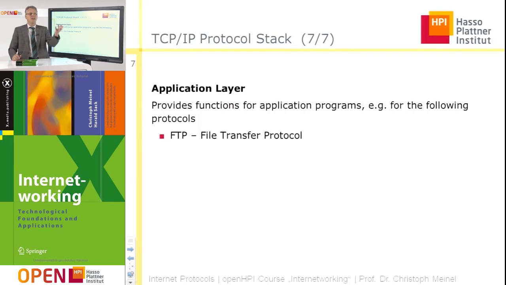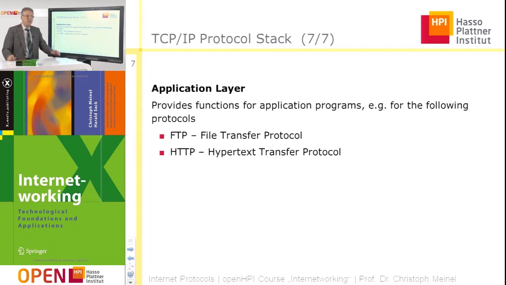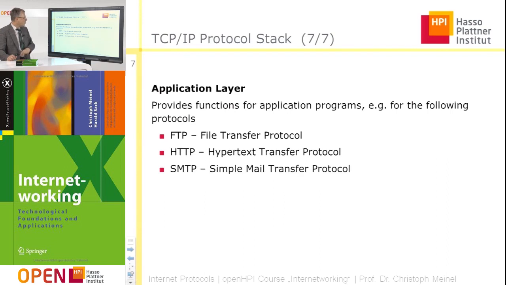Here the protocol is a means to exchange a file, to send a file from a sender to a receiver. Or we have the HTTP protocol, the hypertext transfer protocol, to receive a web page from a server in the internet. Or we have the SMTP protocol, which provides a possibility to send emails over the internet.